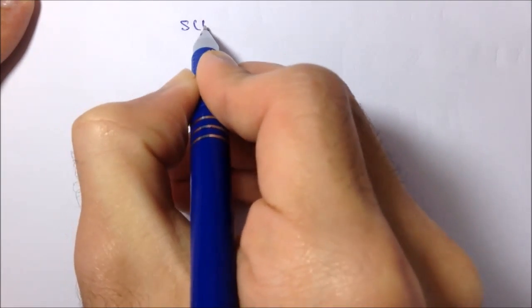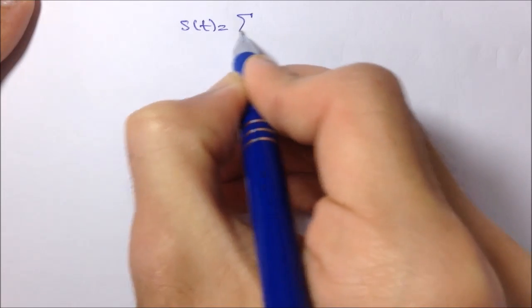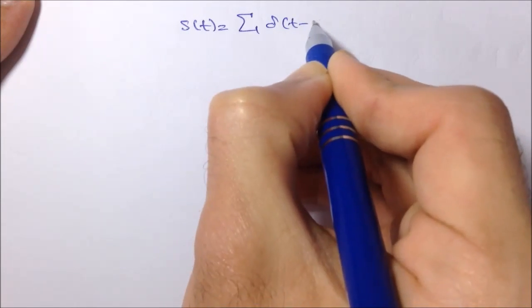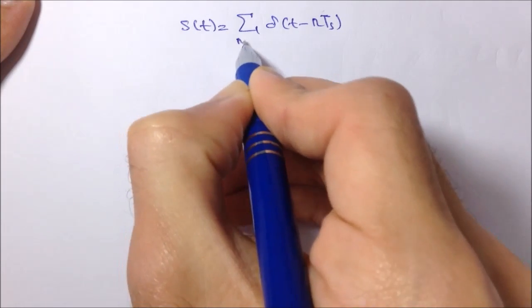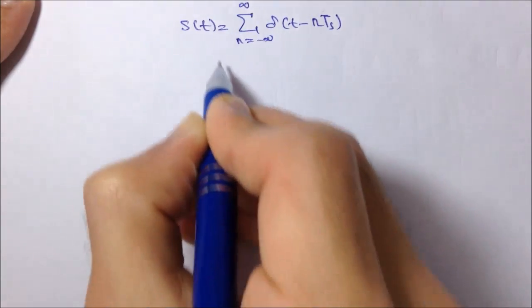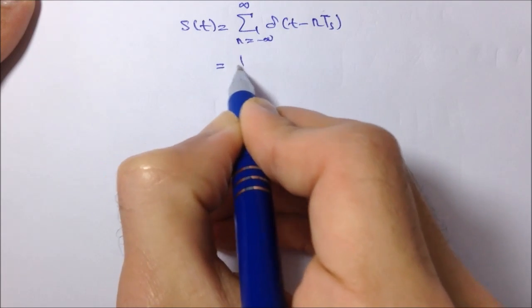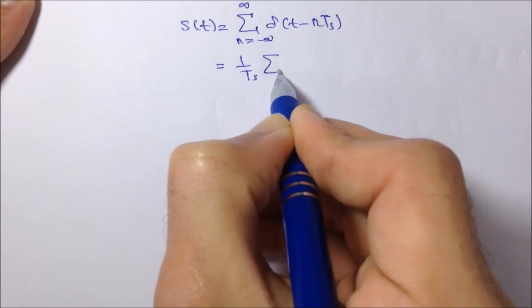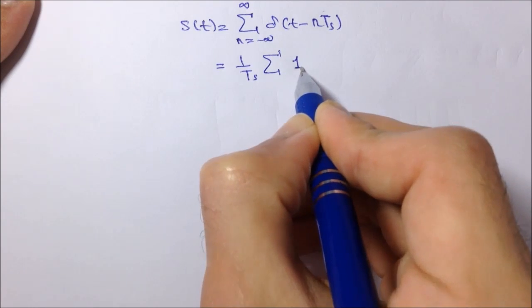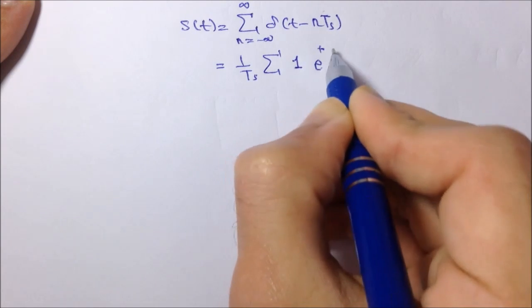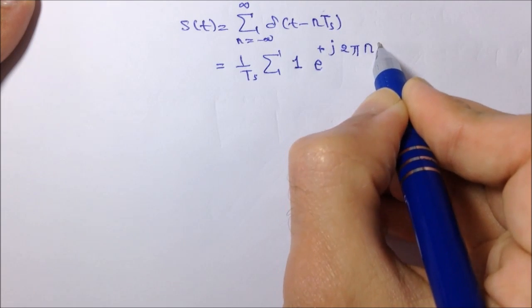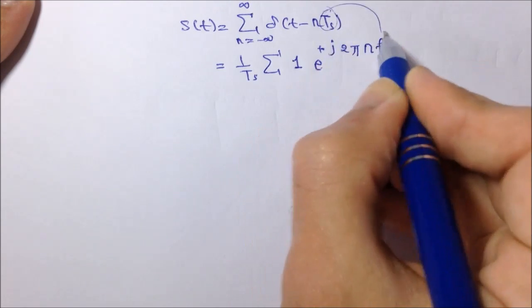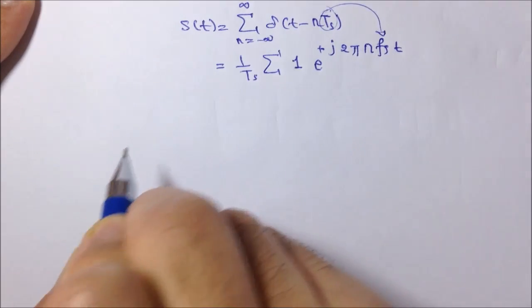The homework is to evaluate the Fourier series of this signal, delta of t minus nTs, and we took Ts equal to 1. The answer will be s of t equal to 1 over Ts summation 1 e to the power plus j2 pi n fs t.